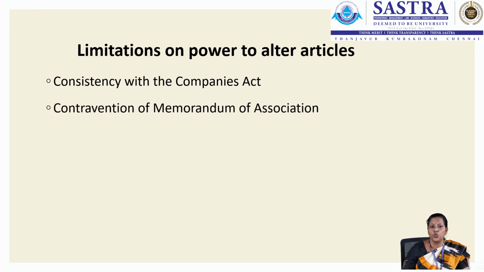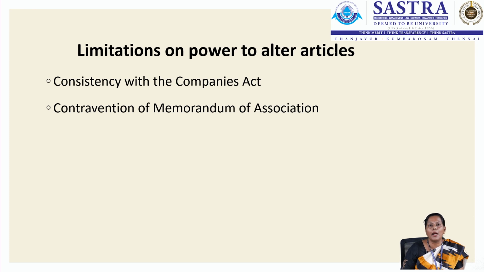The next is to do with contravention of the Memorandum of Association. If a particular change in the Article of Association is going to be against the Memorandum of Association, then such changes are not allowed.